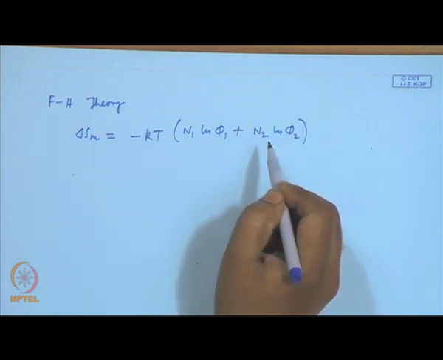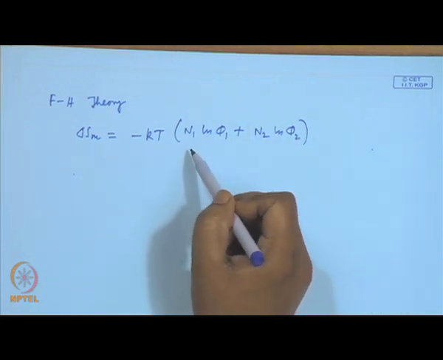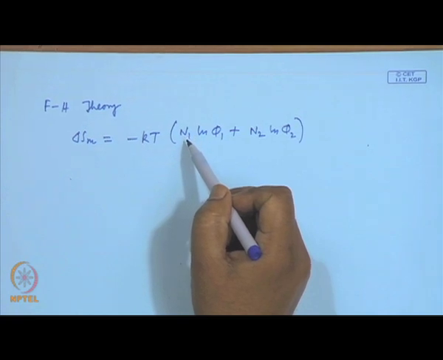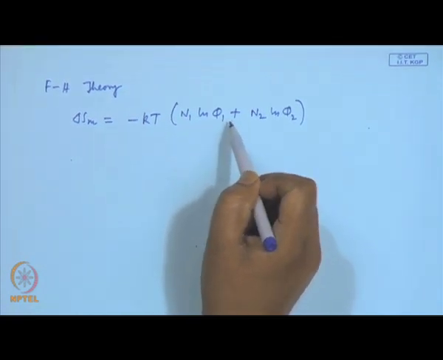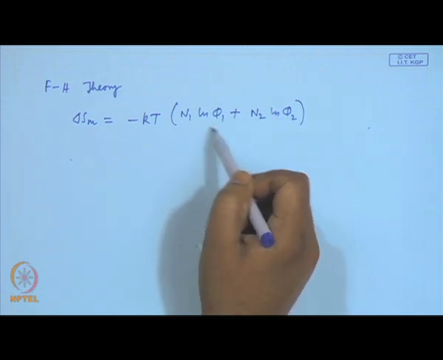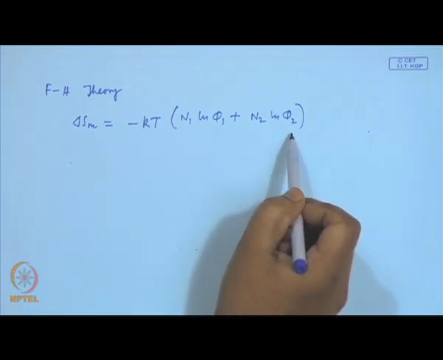Remember, we did this expression, and this is for a polymer solution, where N1 is the number of molecules of component 1, N2 is for component 2, and phi1 and phi2 are the volume fractions of the first component and the second component.